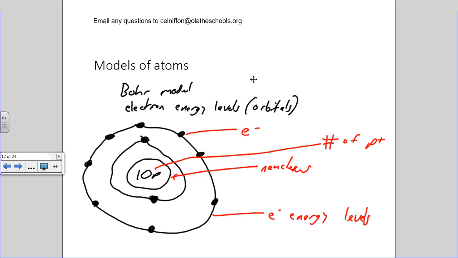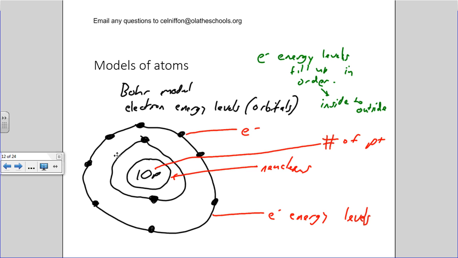The other thing to remember about the Bohr model is your electron energy levels fill up in order. What I mean by that is they go inside to outside.